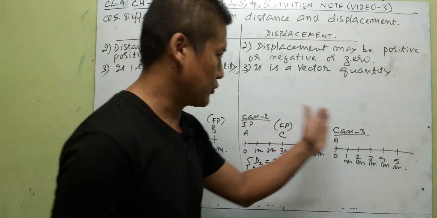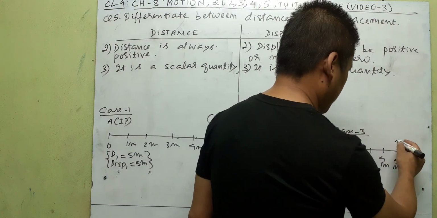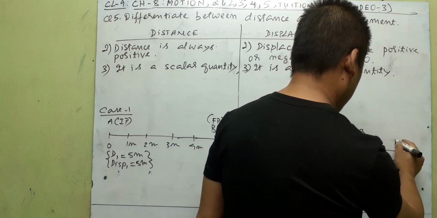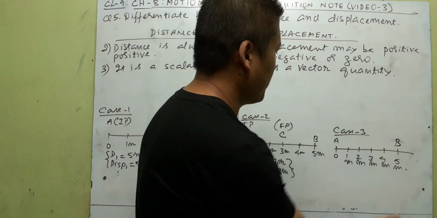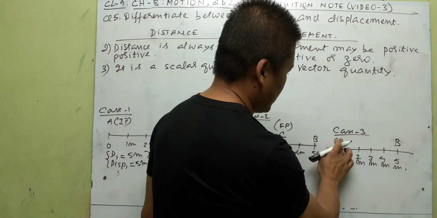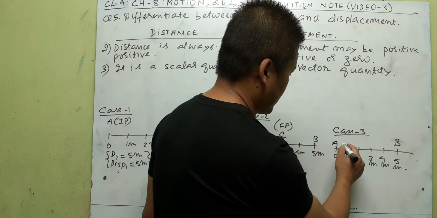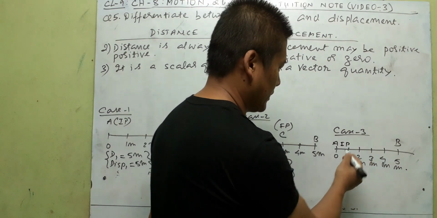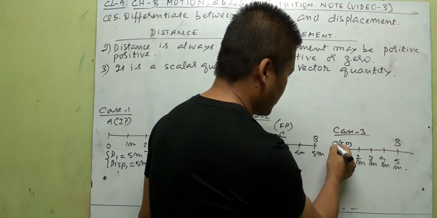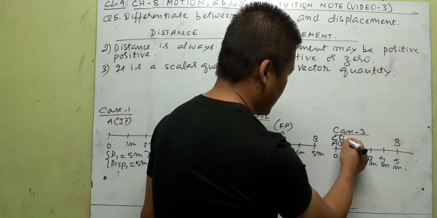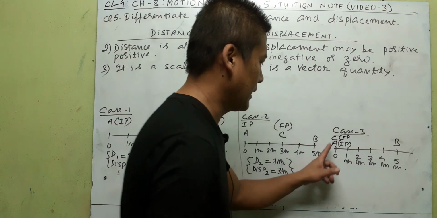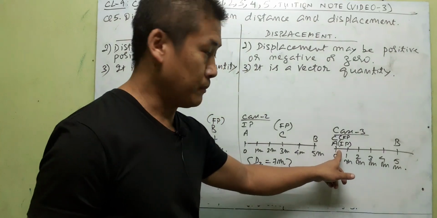So he swam here and reached here. Okay, he reached here. And then he came back right here to the initial position. So here A is the initial position, IP, initial point. Then he came back right to A again. So C is the final point. So you can notice that A and C are in the same position.